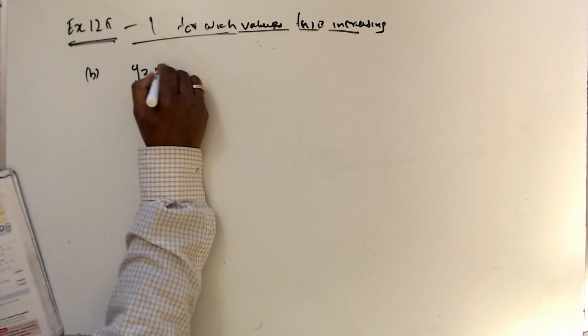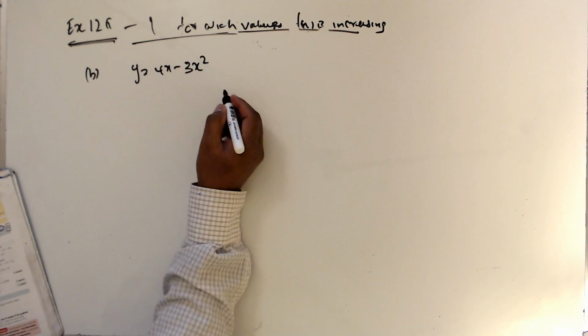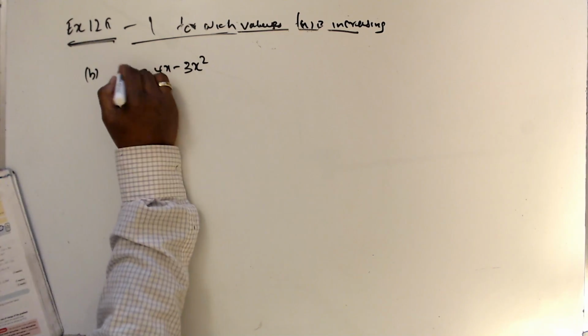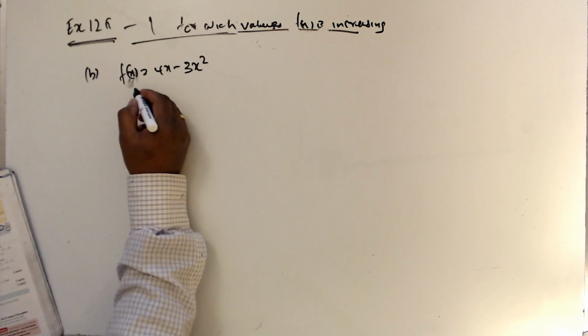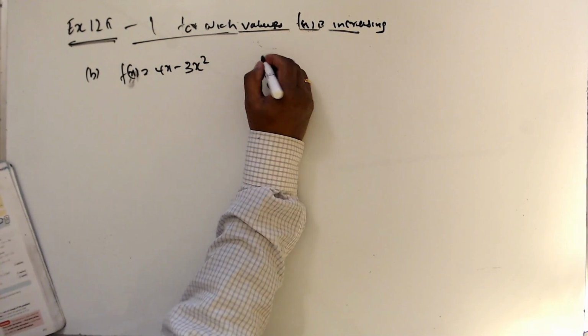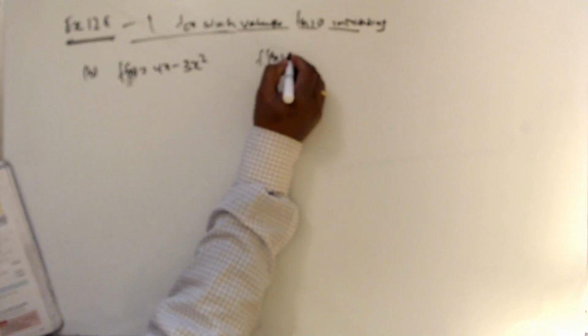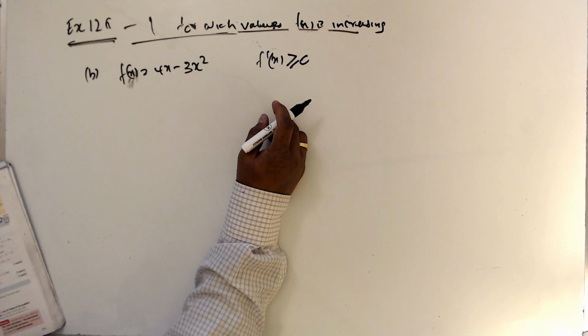Part B: y equals 4x minus 3x squared. I'll take it as f(x). So in this curve, in some area, we can see f'(x) is greater than or equal to 0. That is the area we need to find.